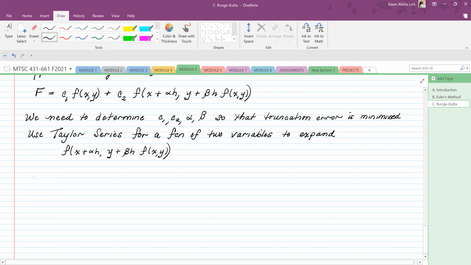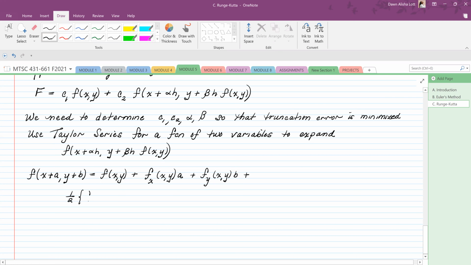Okay, so now if you remember f of x plus a, y plus b, that's just simply f of x, y, plus the partial with respect to x at x, y times a, plus the partial of f with respect to y at x, y times b, plus we have second order partials, which are 1/2.